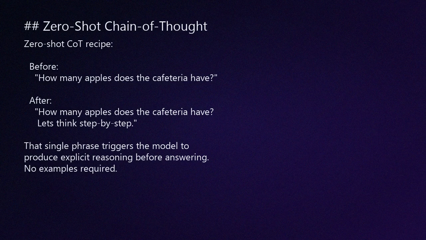That short phrase reliably triggers the model to produce explicit reasoning steps before reaching a conclusion. It works because instruction-tuned models have seen countless examples during training where step-by-step reasoning leads to correct answers. The phrase activates that pattern from training without you needing to provide a single example. It is one of the highest return on investment tricks in prompt engineering.